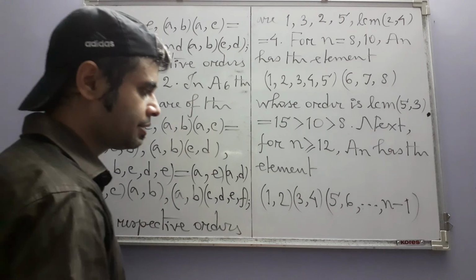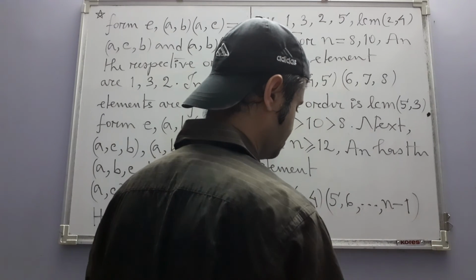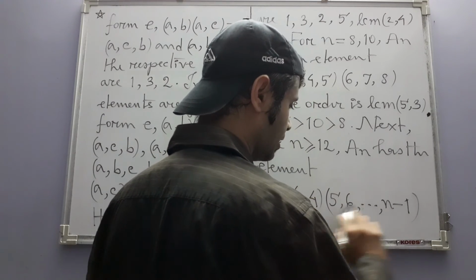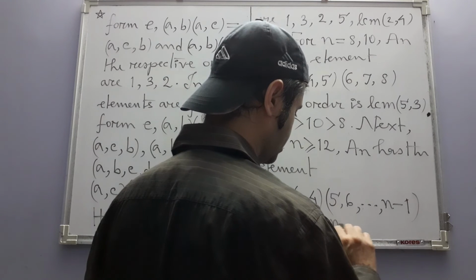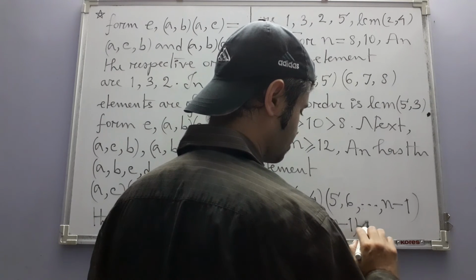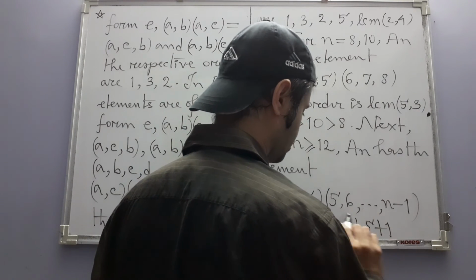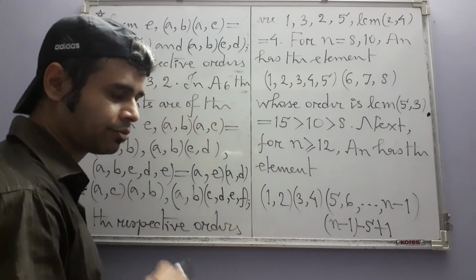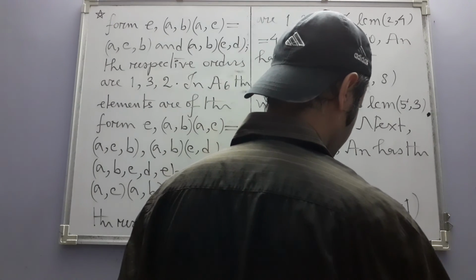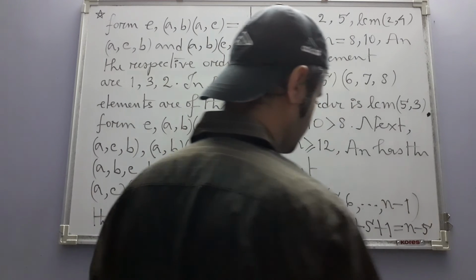Okay, what is the length of this cycle? The length is n minus 1 minus 5 plus 1 to include the 5 also. That means n minus 5.